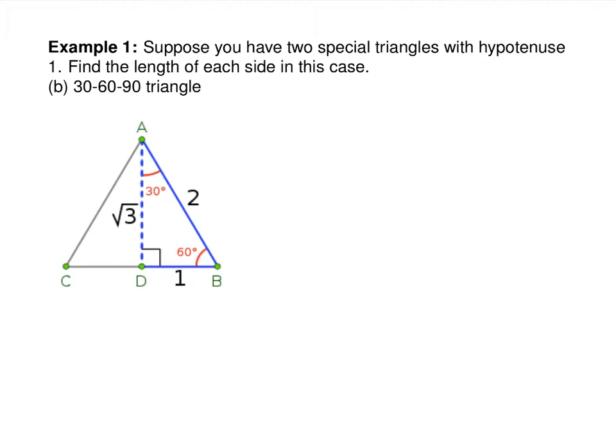The second triangle is a 30, 60, 90 triangle. How you produce that triangle is you begin with a triangle that's equilateral. If it's equilateral, what are all of the angles? And they're specifically what number? 60. Okay, so every angle is 60. And then you say, okay, I'm going to make all the sides 2.